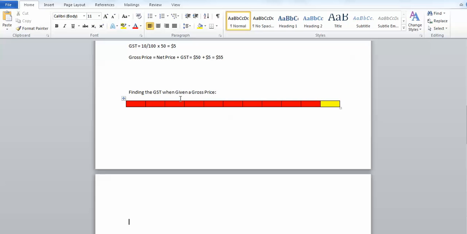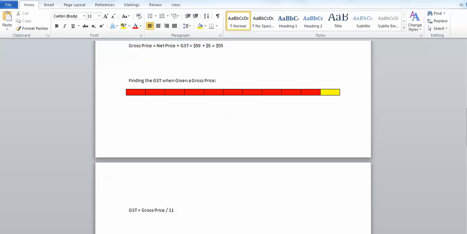And when we count that up, this now gives us 11 different segments. So if from this gross price we want to find the GST, we have to divide by 11. So the gross price divided by 11 is going to equal the GST. GST equals the gross price divided by 11.